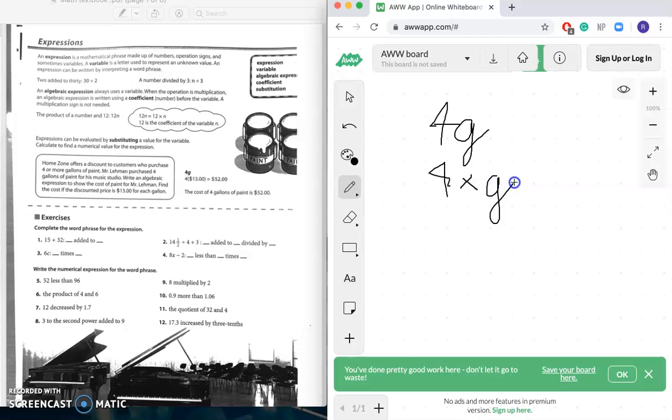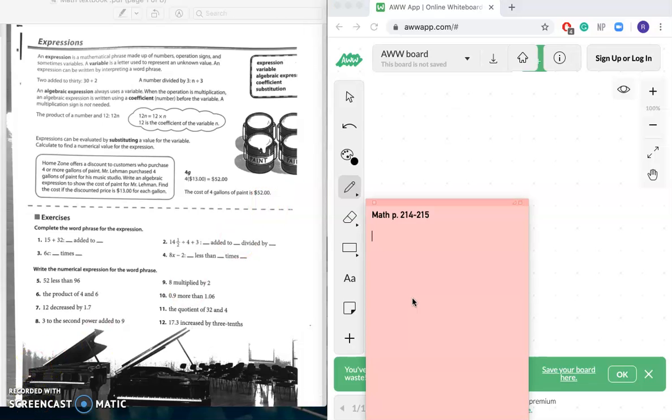Now, if it says substitute, we know that the cost of each gallon is $13, so we're going to change the g into 13, 4 times 13, which is $52.